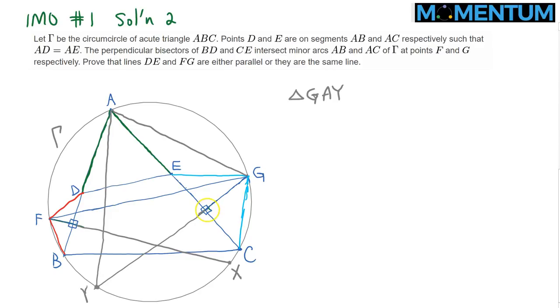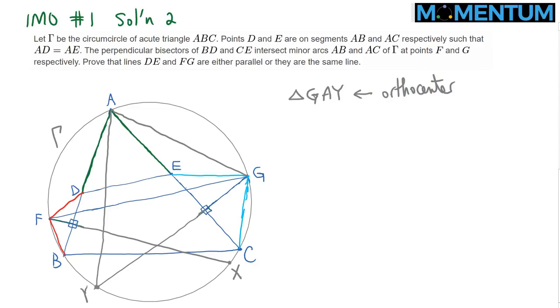Now focus your attention on AC. AC is the altitude to that triangle AGY, right? And can you guess where the orthocenter of that triangle is? I need the orthocenter of that triangle.